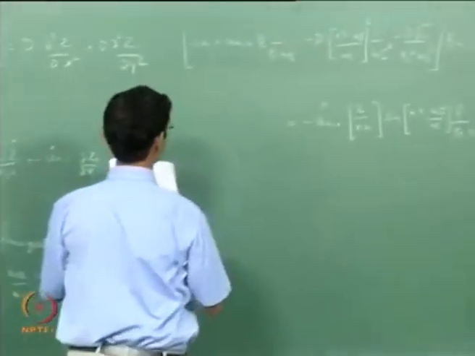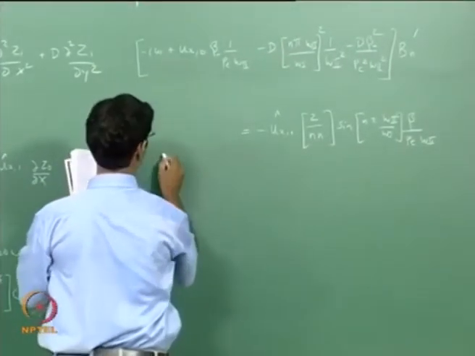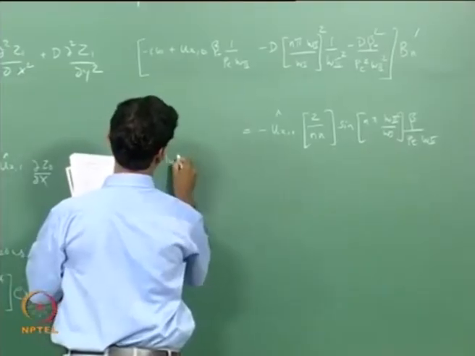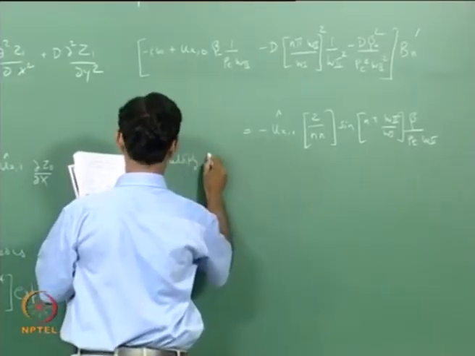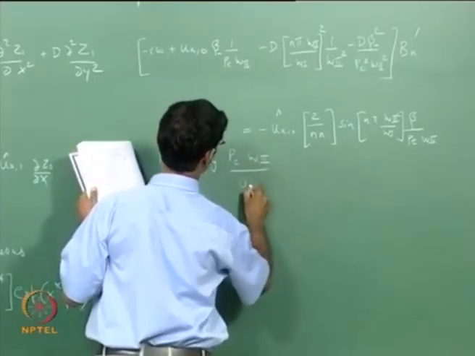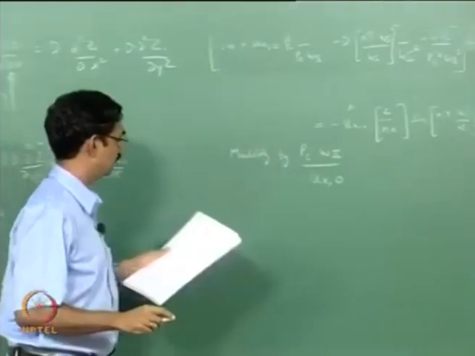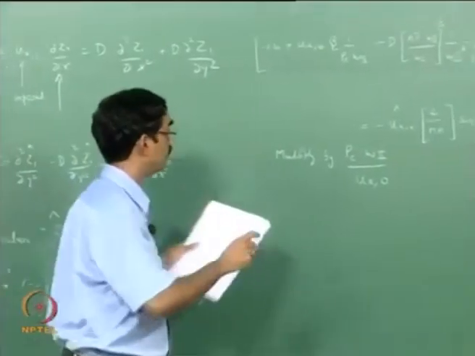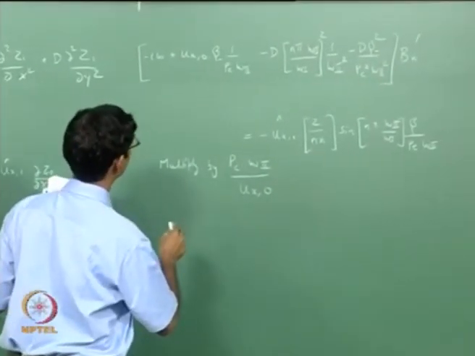Now we just need to multiply this expression by W2 by ux naught. That will simplify things.